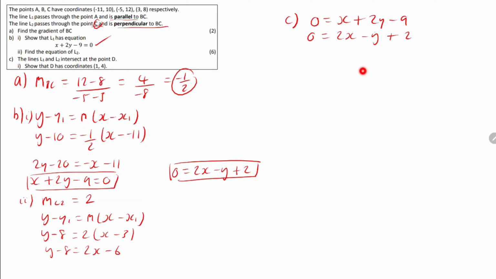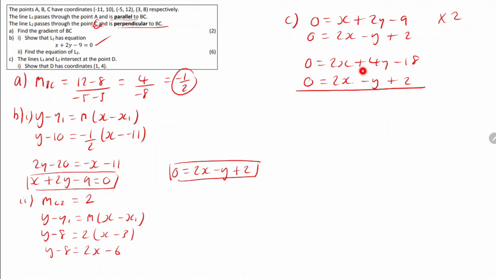Now, we could make the y coefficients or the x coefficients the same. I'm going to times the top equation by 2. So we have 0 equals 2x plus 4y minus 18. And 0 equals 2x minus y plus 2.